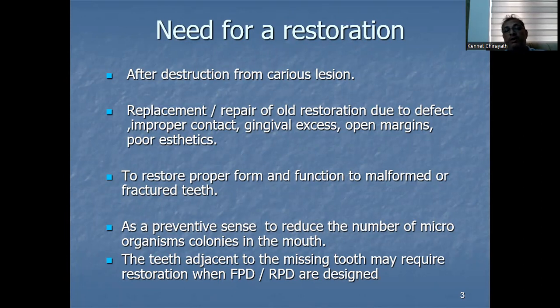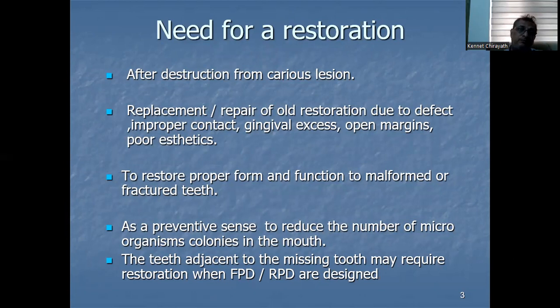So bacterial colonies may be present in the caries. And the last point is that teeth adjacent to the missing tooth may require restoration when an RPD or FPD is designed. So these are the needs for the restoration. The first point is to prevent the caries.